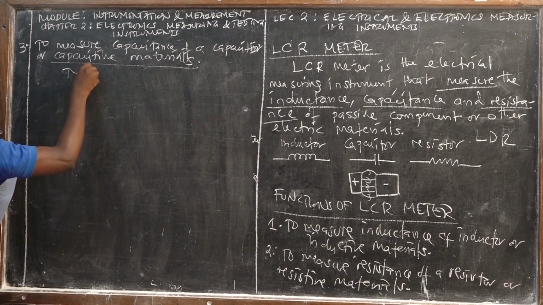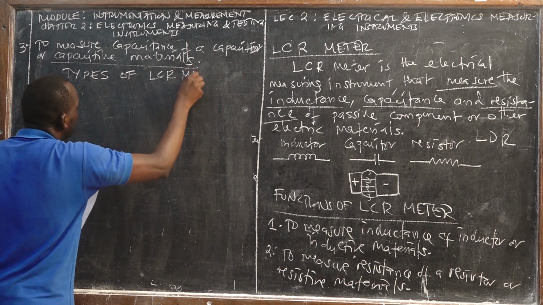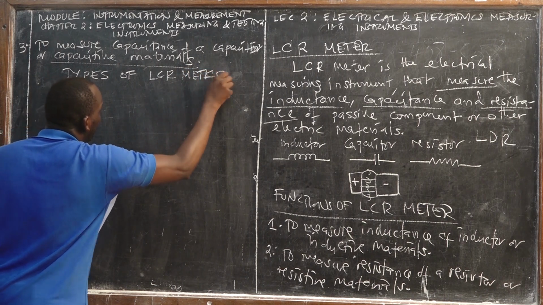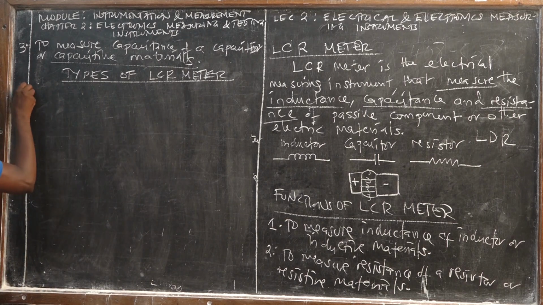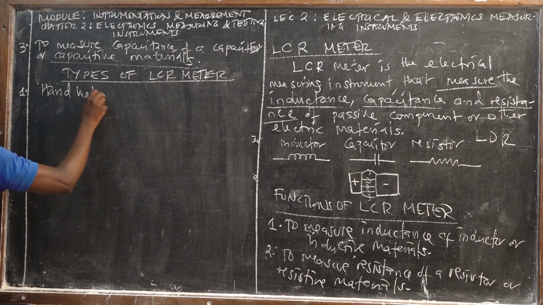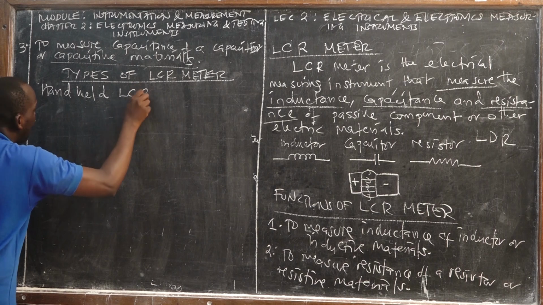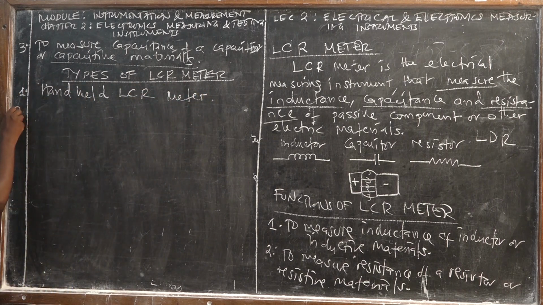So, types of LCR meter. You have two types of LCR meter. The first one is called the handheld LCR meter. I think Johari likes the handheld.